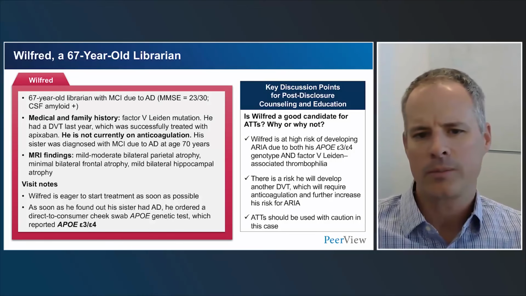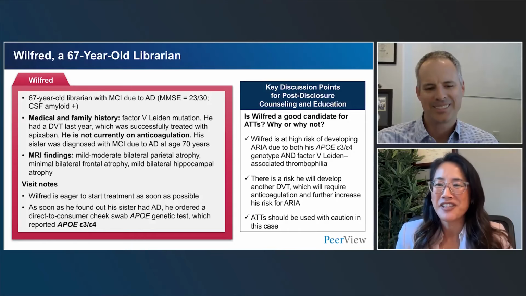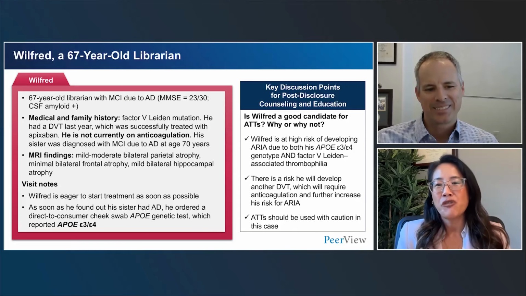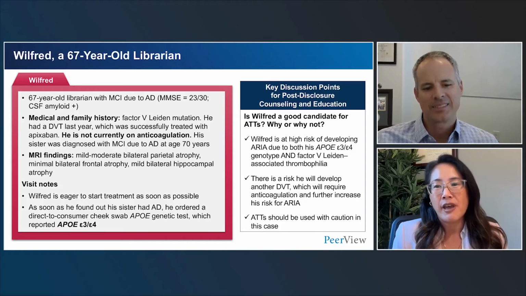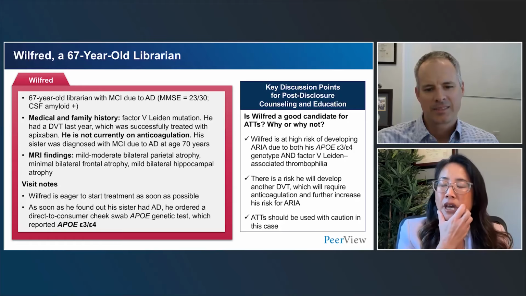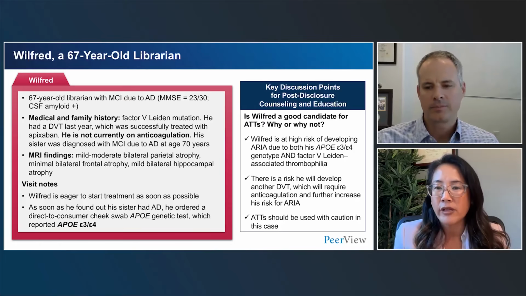What do you think? Yeah, I wouldn't say he's a great candidate, mainly because of his potential for needing to be on anticoagulation. And so I bet in our consensus meeting, there would be split faculty votes here, because we don't treat people who require anticoagulation.